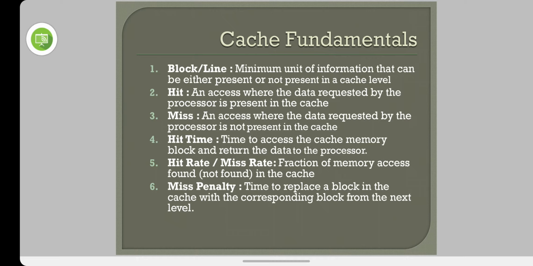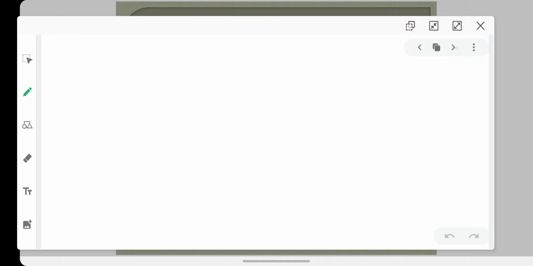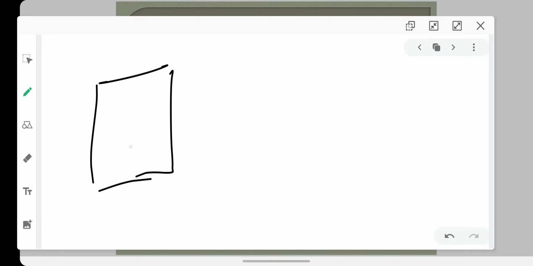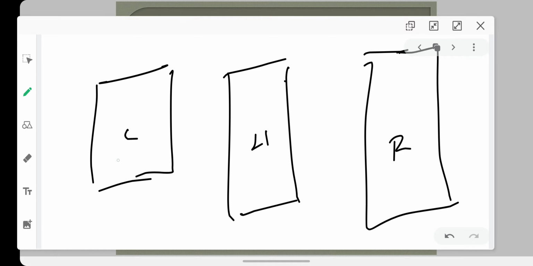Coming to the hit rate, miss rate, or miss penalty, we'll have a new slide. For example, you have a processor, the core, an L1 memory, and a main memory RAM. Now your code is requesting some instruction or some data from the L1 cache.